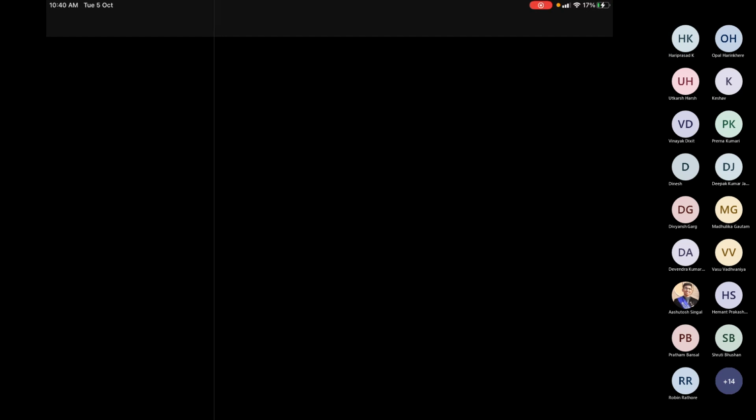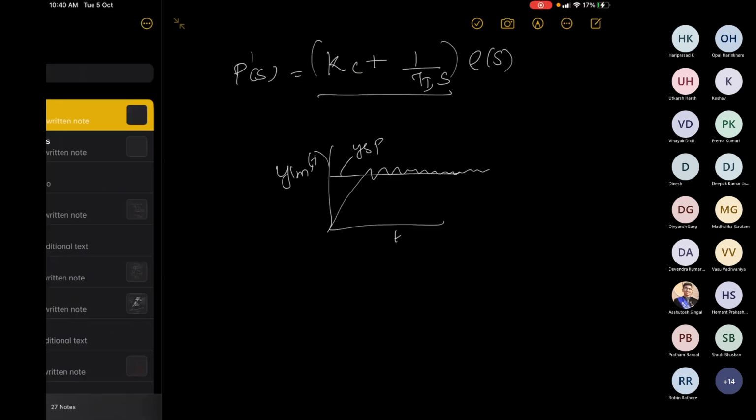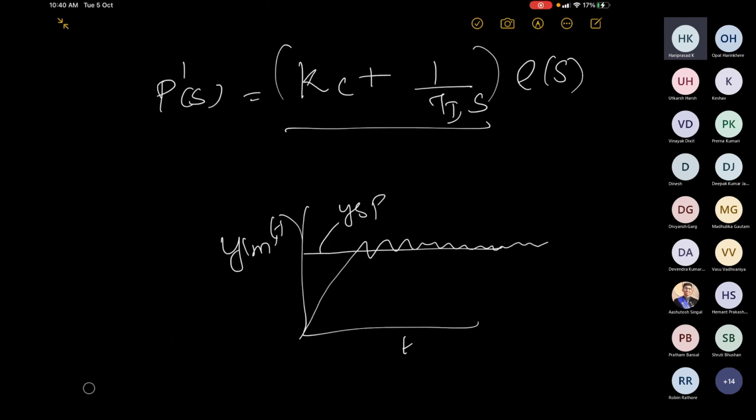The error will go, and the offset will be 0. But as for the word I used last time, asymptotically, it means that you cannot measure it, but eventually it will go to 0.